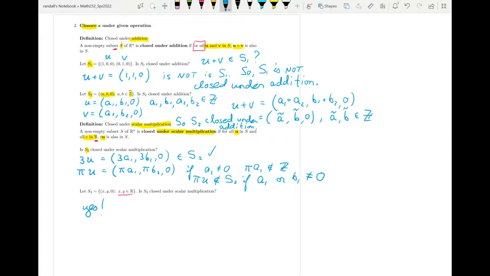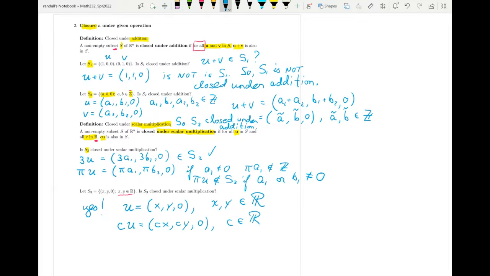So my vector is going to be u = (x, y, 0), where x and y now are real numbers, not integers necessarily. And let's take a real number c, multiply it by u. I'll get (cx, cy, 0).